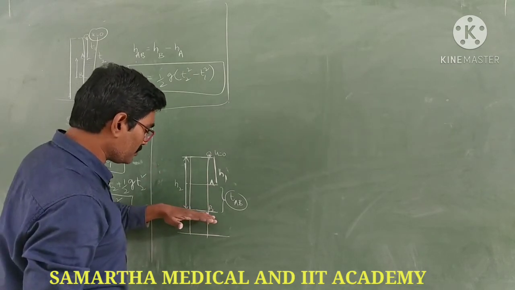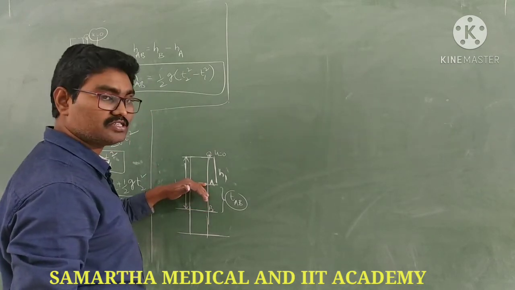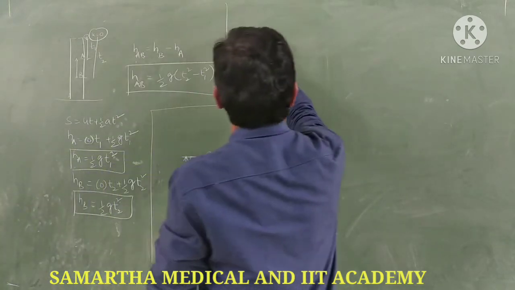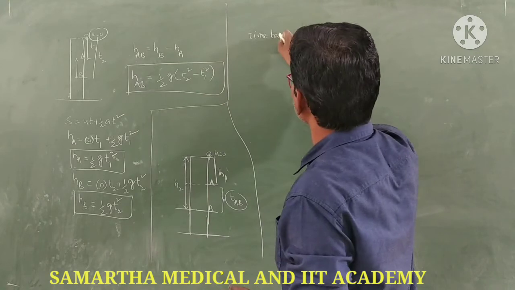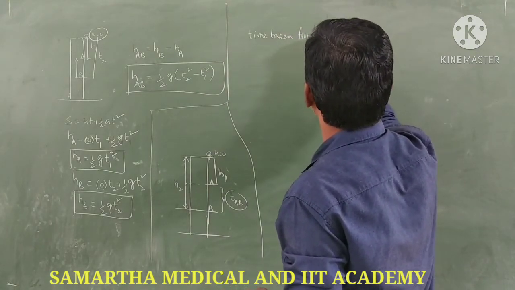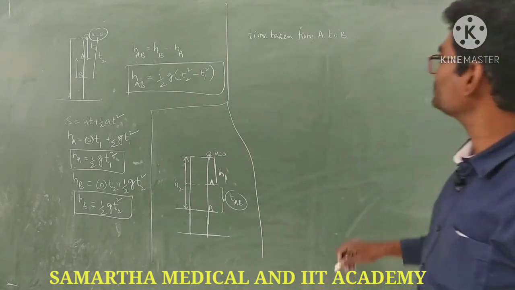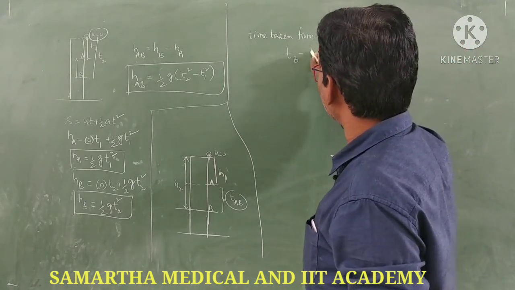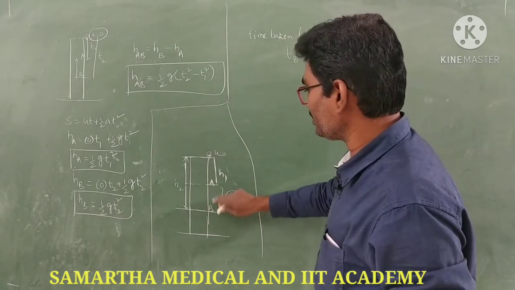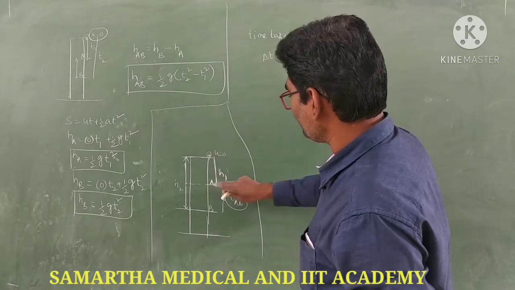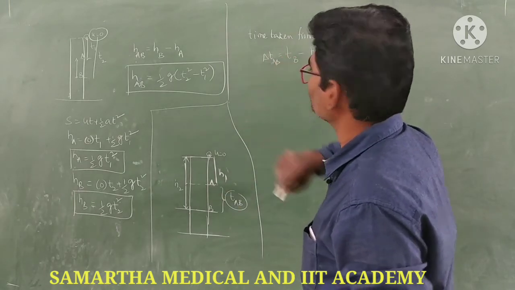You should calculate the time taken to reach B minus the time taken to reach A. Then you get the time taken between A and B.